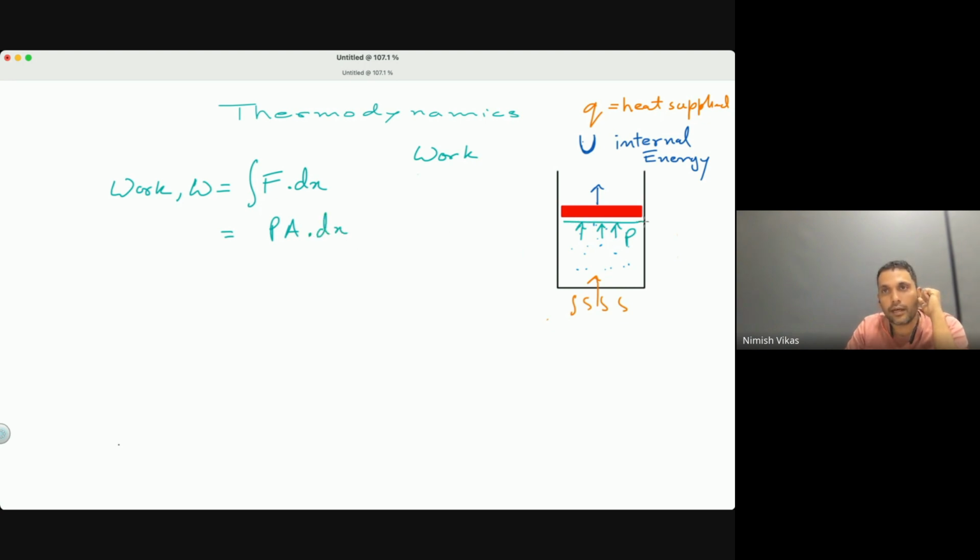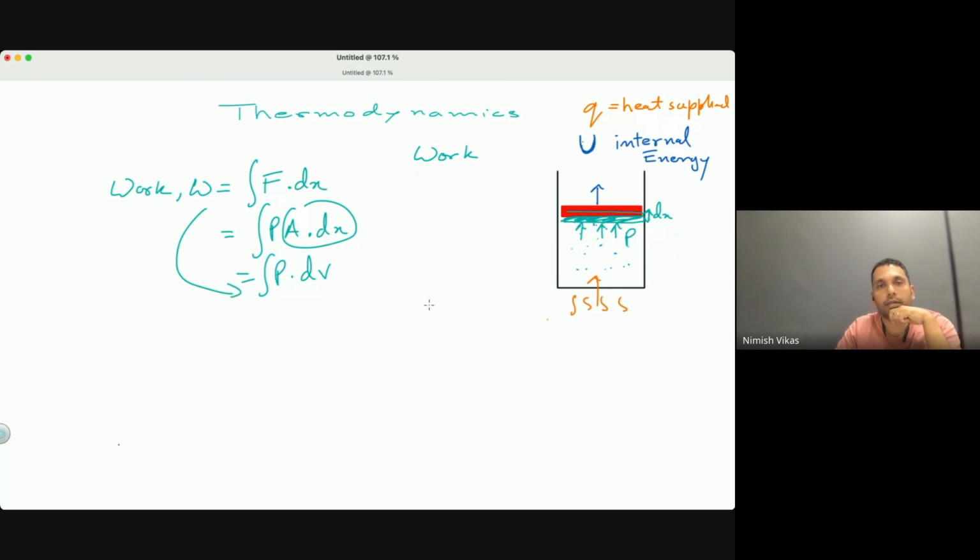Then this area times the displacement dx is the change in volume. So this can also be written as P dV. Hence, we'll use the work formula as P dV in this chapter, which is ditto the same as F dx. Is that clear, people?